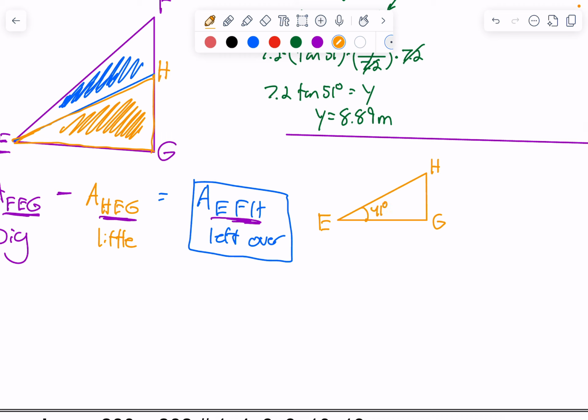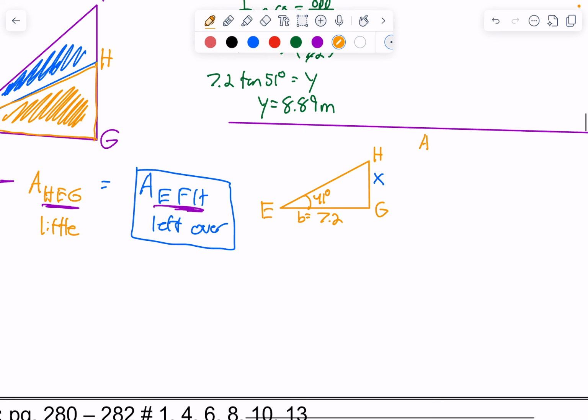This was a side length 7.2. Let's give what we're looking for a variable, x, because this is essentially our base, and x represents our height. We need both of those variables, base and height, divided by 2 to get our area.